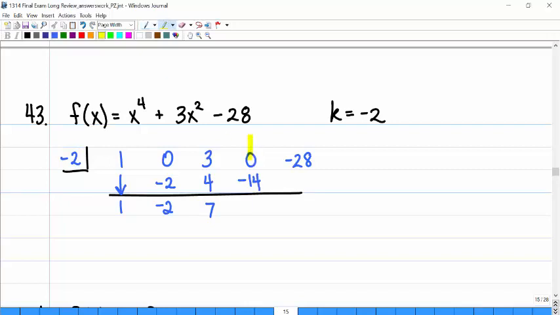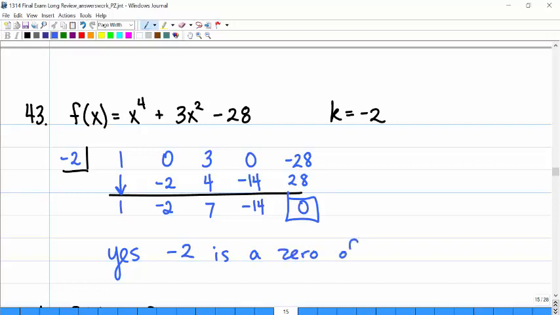And I add 0 plus -14, I get -14. Then -14 times -2 is 28. And adding -28 plus 28 gives me 0. Since my remainder was 0, -2 is a factor. Sorry, -2 is a 0 of the polynomial.